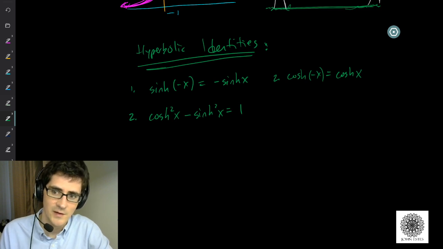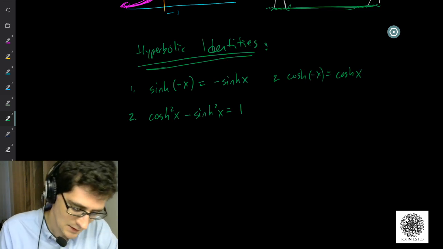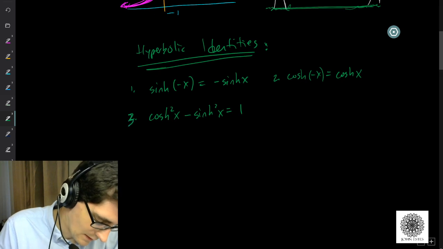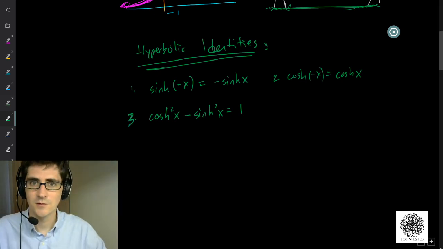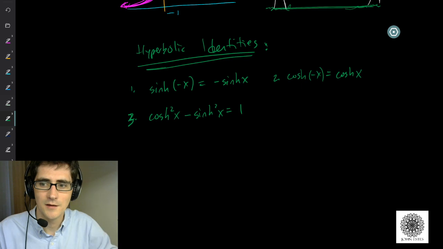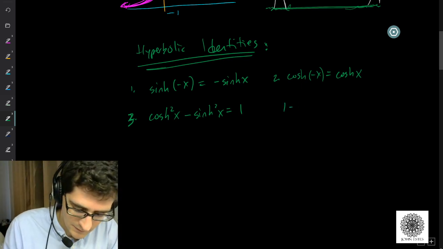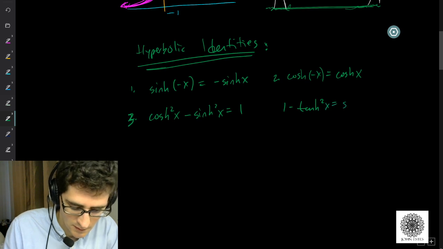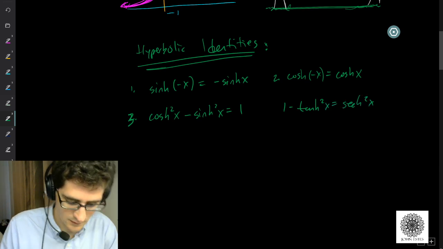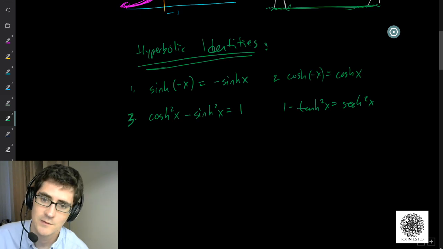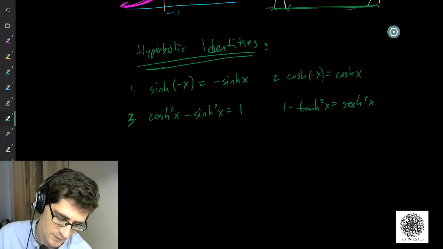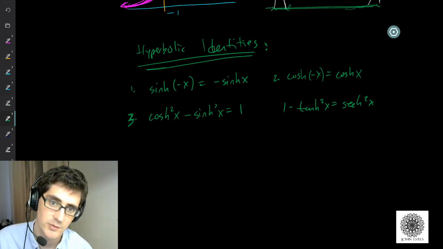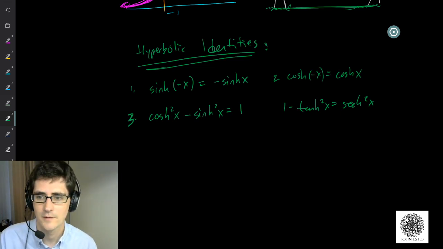Cosh squared minus sinh squared equals 1. And we have something similar to the other Pythagorean identities too: 1 minus tanh squared equals sech squared. We remember that's the same as the trigonometry version, except instead of minus it's plus. 1 plus tangent squared equals secant squared.